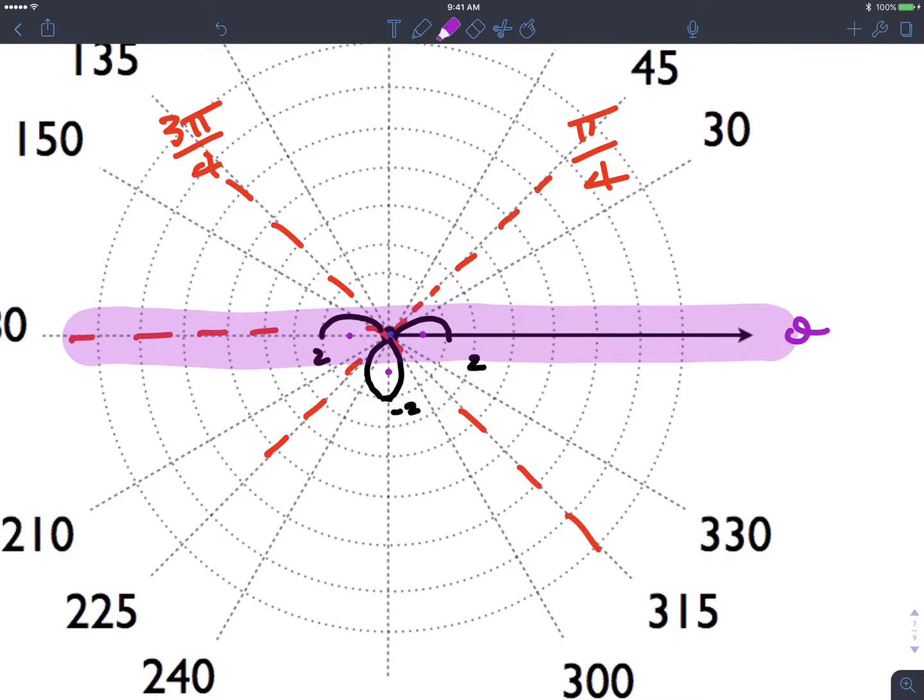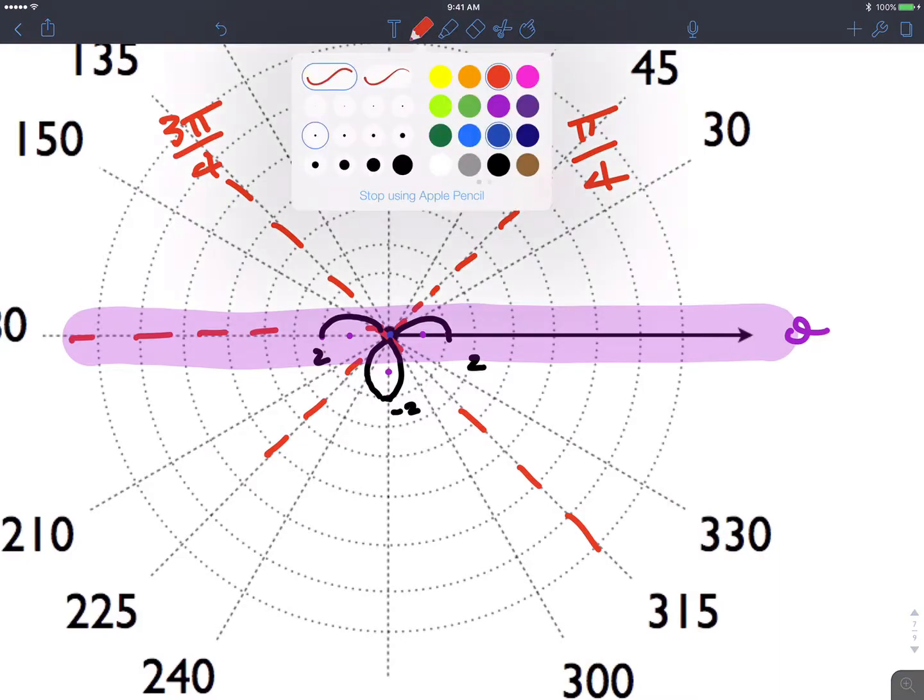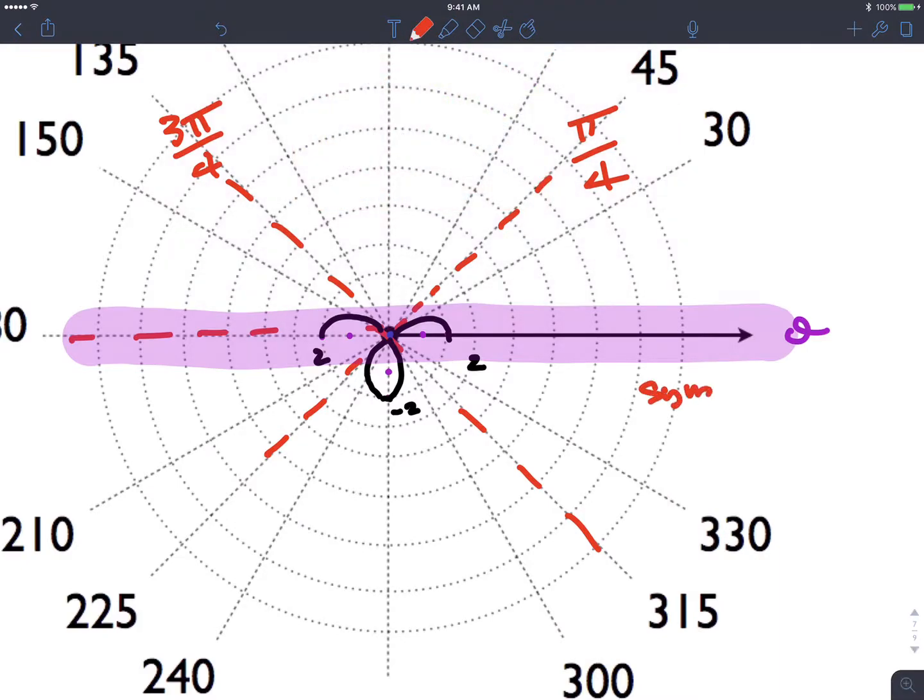Because of being symmetric about the polar axis, let me show you. I can now simply say this portion is on the curve, and so is this bottom what? Go up to 2. This bottom portion.